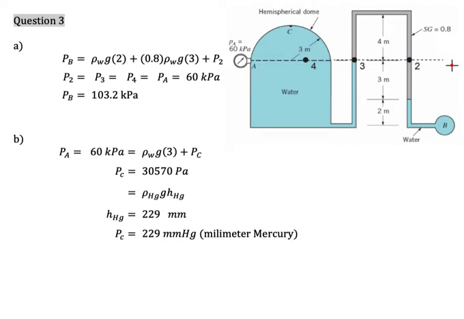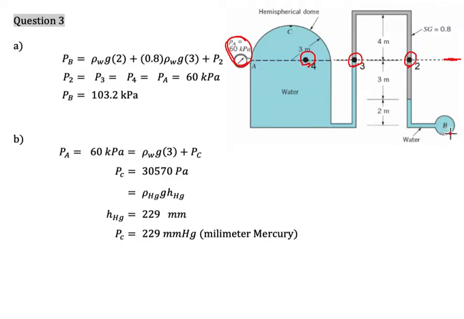So from this line, we could write that the pressure at point number 2 here is equal to point number 3, and this pressure is also equal to point number 4 here, which is equal to 60 kilopascal as mentioned in this picture. Then we could start our calculation of pressure at point B here.